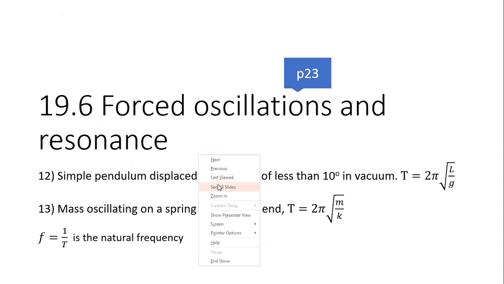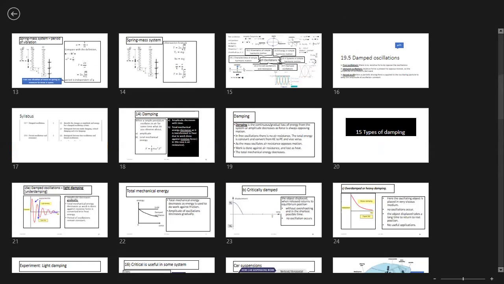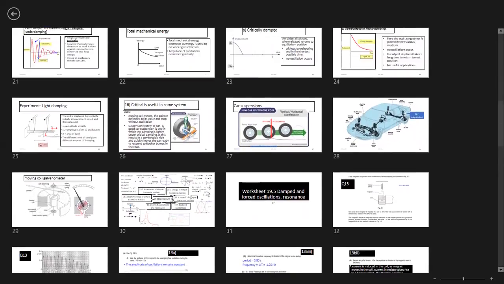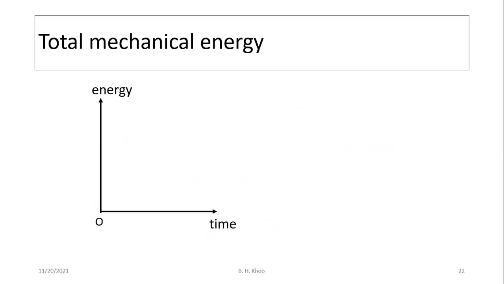What is happening? And then we say that if it's not damped, the total energy is constant because the potential changes to kinetic to potential, and the oscillation will go on forever, to and fro.